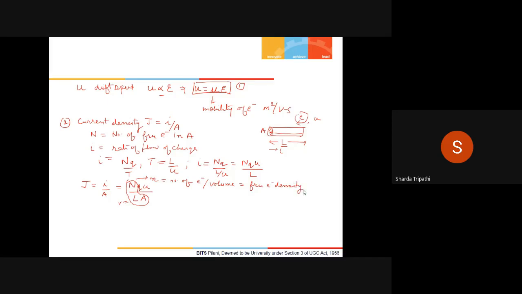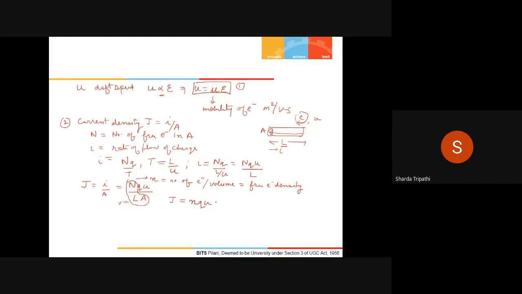The formulas that you will generally use, and in the questions what will be given will not be capital N, but small n, just because small n is easier to measure compared to capital N. So for metals the formula of J becomes small n q multiplied by u, where small n is the free electron density, q is the charge on one electron, and u is the drift speed.